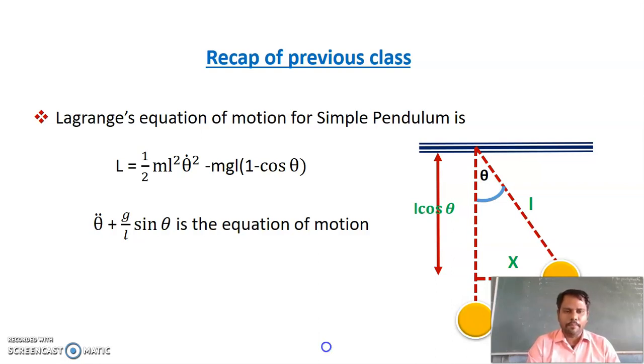However, if the amplitude is very small, sin θ is approximately equal to θ. Then the equation becomes θ double dot plus (g/l) θ equals 0, the equation of motion for a simple pendulum.